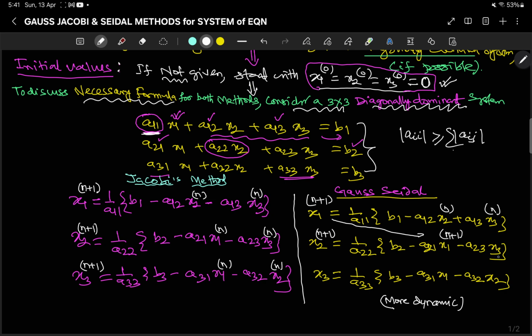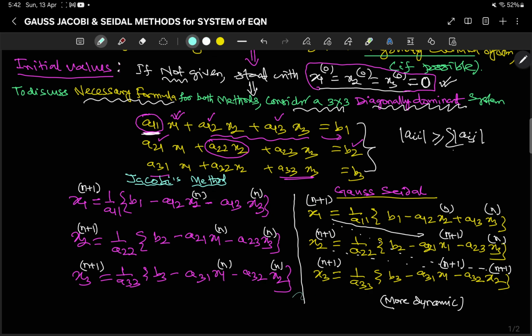But x3 is still the previous one, so it is at n. For the n plus 1th iteration of x3, we have more improved values of both x1 and x2, and we substitute them here. In the Jacobi method we just use the results of the previous step.